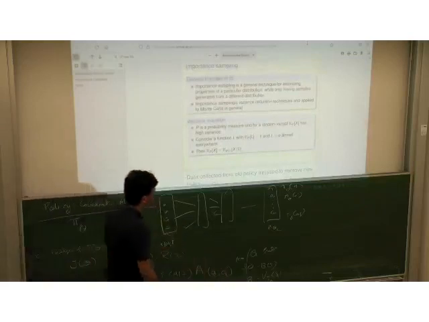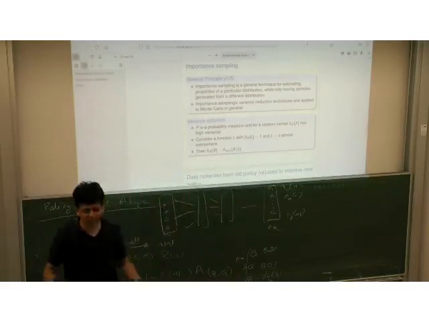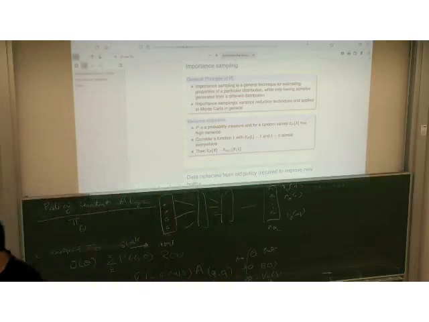Before we do it for our particular example, there is a whole subject and a whole technique in how you reduce variance. It's called importance sampling.